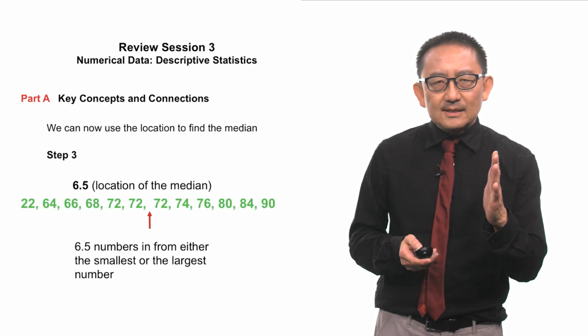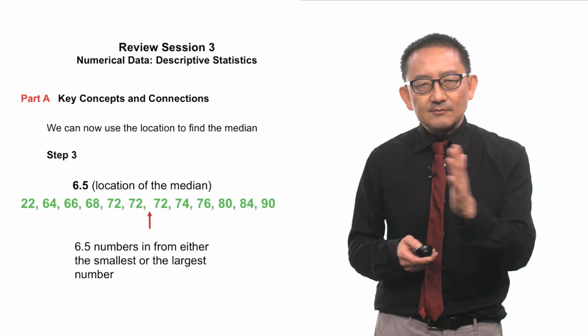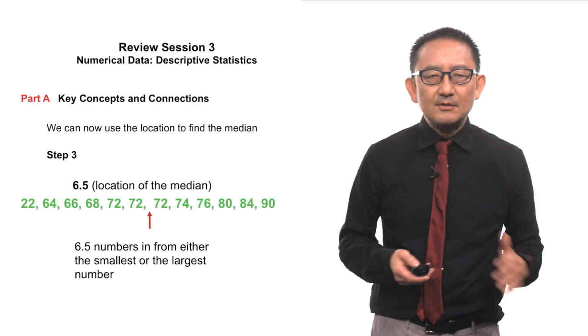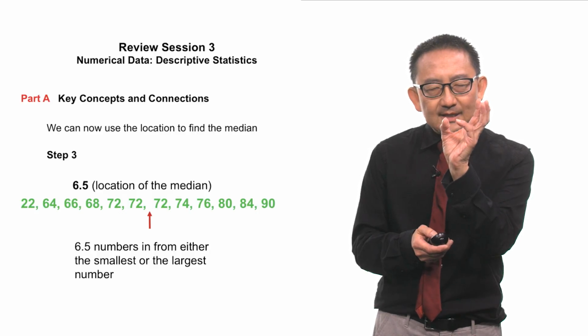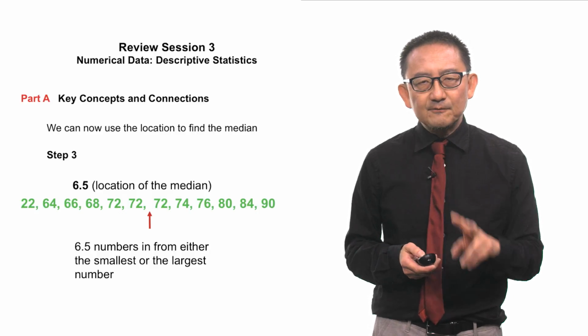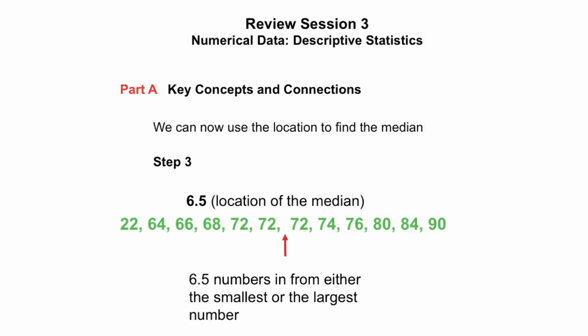So that means that we would count 6.5 digits in from the bottom, or you could do that down from the top as well. And what we find is that the middle value is going to fall between 72 and 72, interestingly enough. Because we have an even number, the median is not necessarily one of the numbers in the data set.